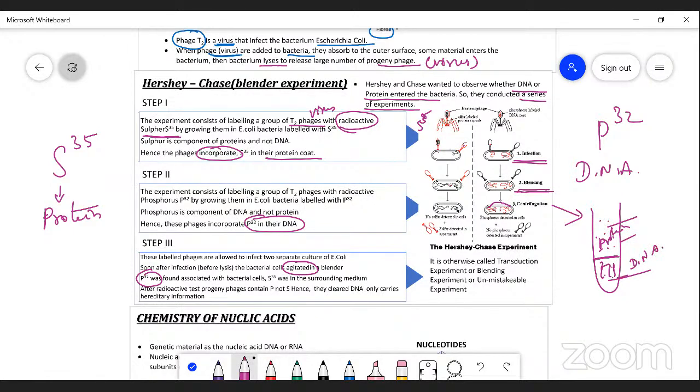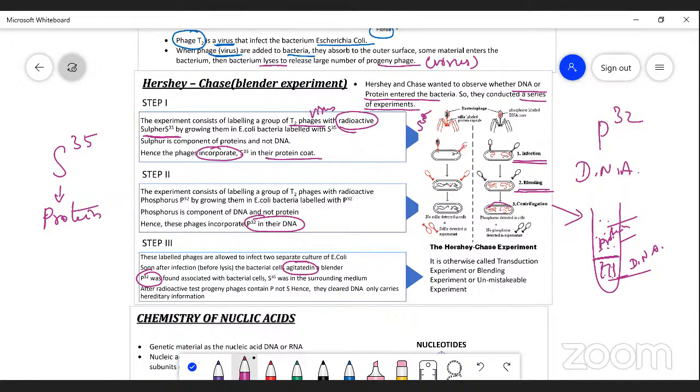Do you understand? First, they are selecting two types of phages. One phage is living in S35, that means the radioactive substance sulfur 35, and the other phage is living in phosphorus 32, which is an isotope. The two phages are introduced into the two bacteria, making the infection.